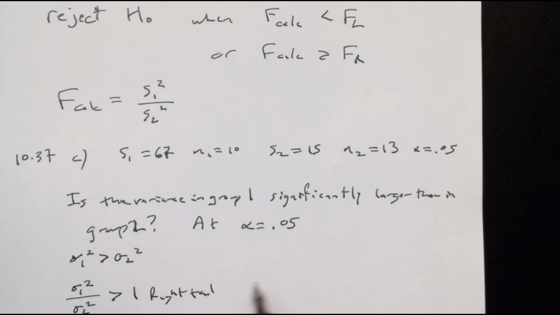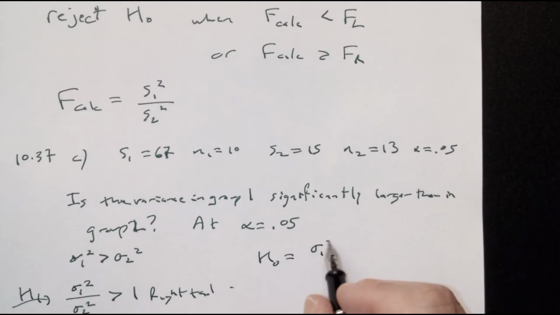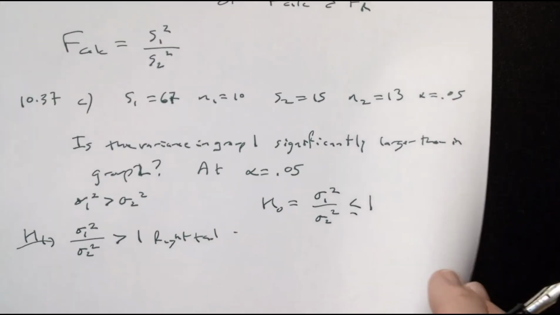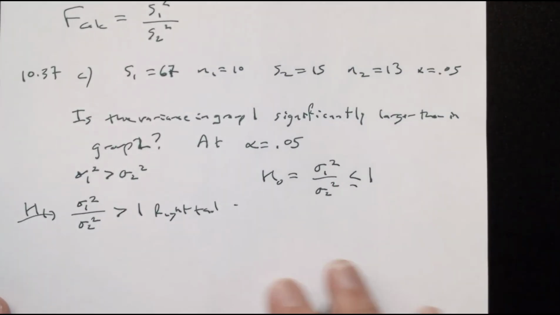And that means this is H1, so the null hypothesis is no, there's really no difference in variance at all. The top group 1 is less than or equal to group 2.